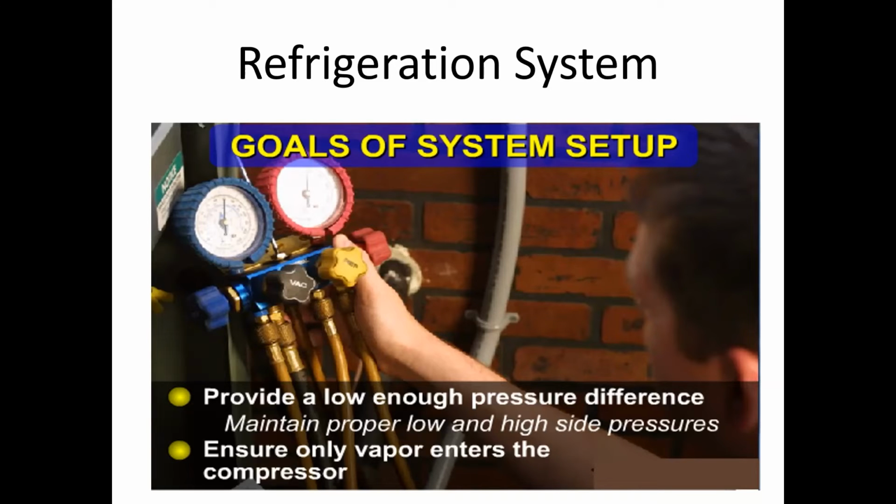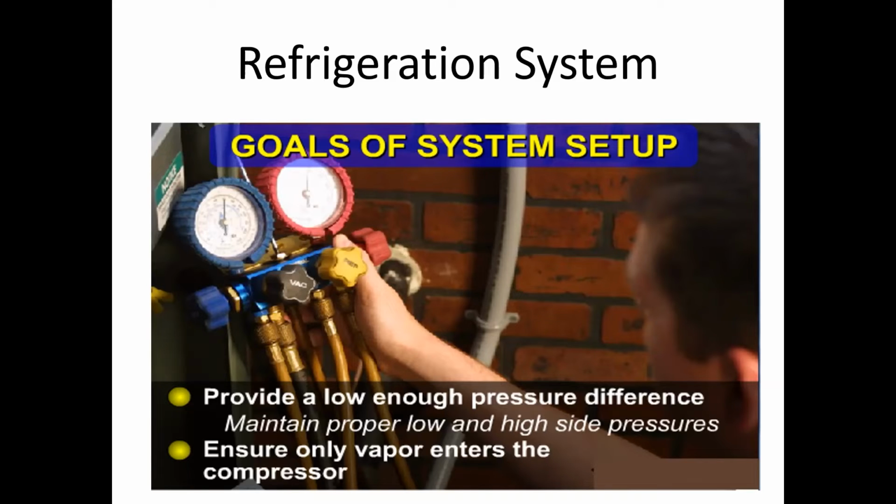We want to make sure that, and we talked about this last week with superheat and subcooling, right? You want to make sure that you have superheated refrigerant coming out of your coil, your indoor coil, and you want to make sure that you have superheated refrigerant going into your compressor. That way we know that only vapor is going into our compressor.